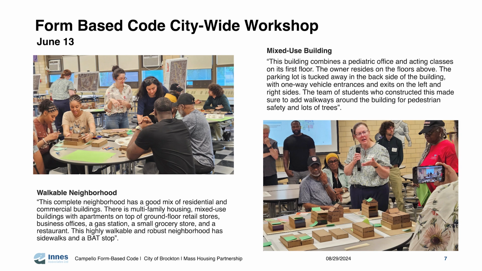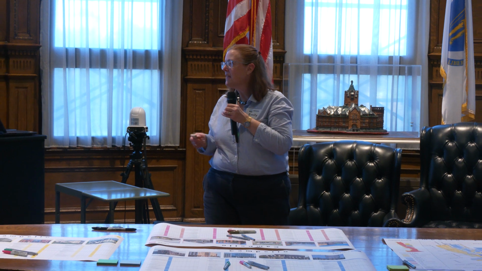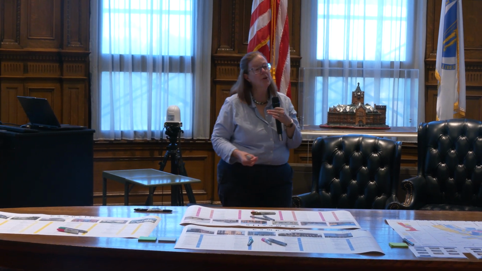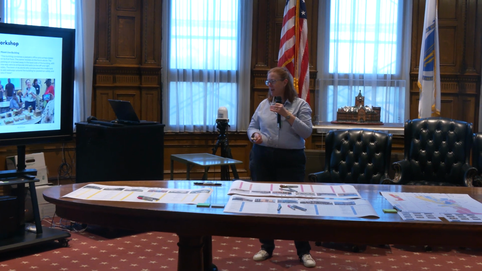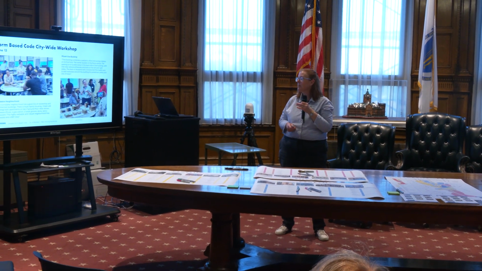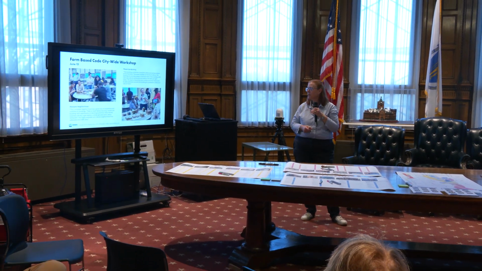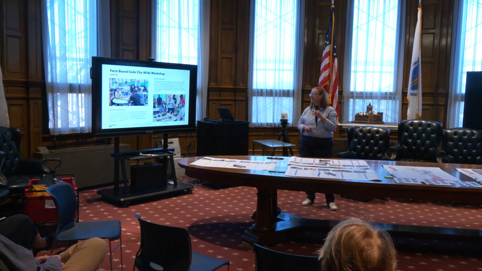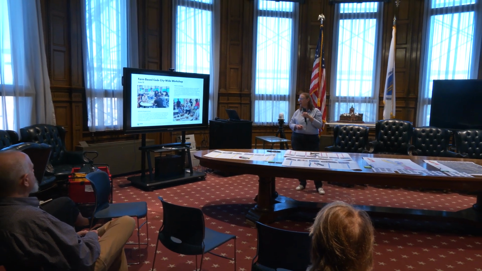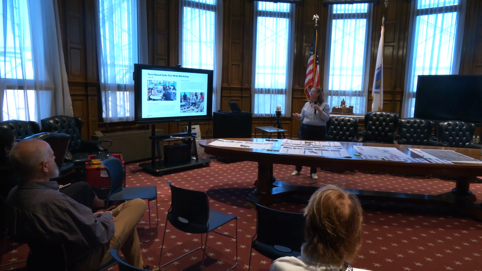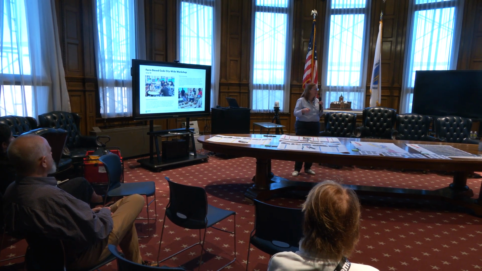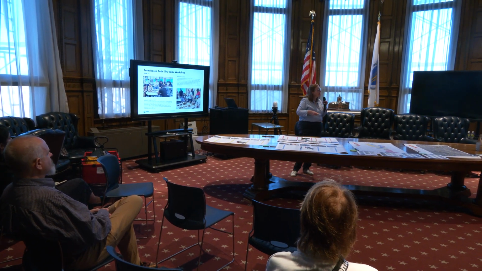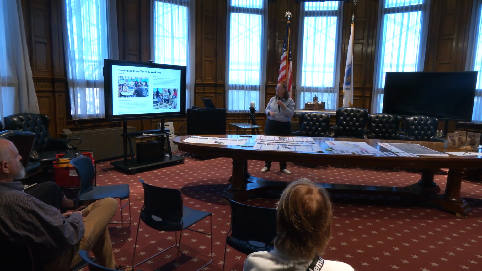One group talked about the need to have a walkable neighborhood and thinking about it as a complete neighborhood with a good mix of residential and commercial buildings, multifamily housing, mixed-use buildings with apartments on top of ground floor retail, business offices, gas stations, a small grocery store and a restaurant, a highly walkable and robust neighborhood that has sidewalks and a bus stop. So the idea was people kind of built out their neighborhoods and then described them to us.